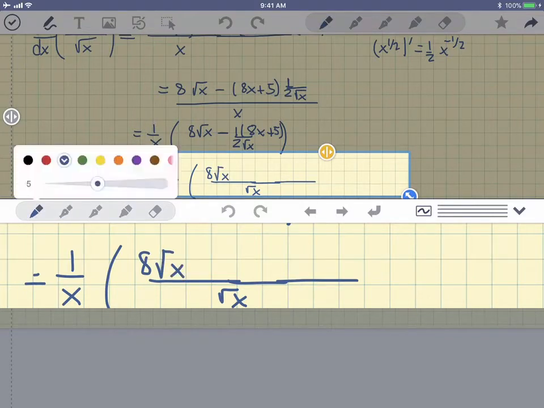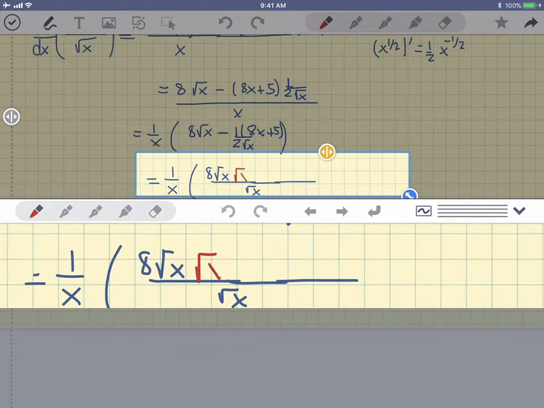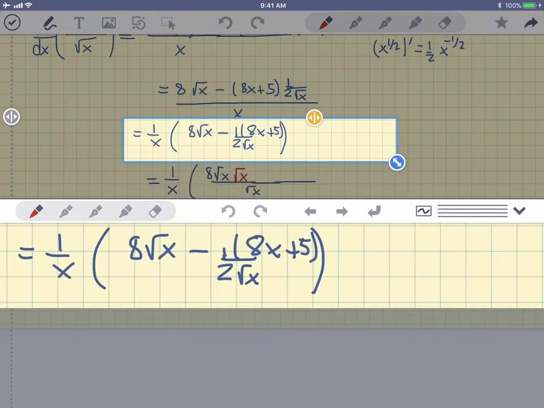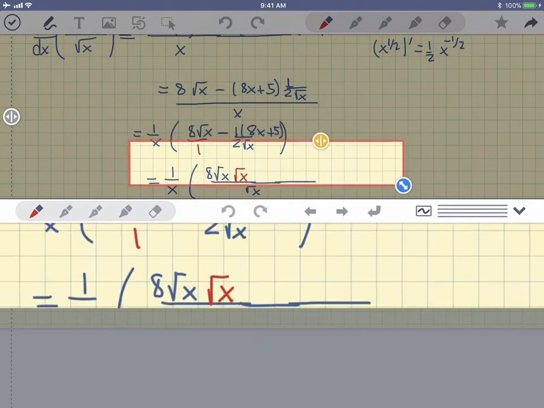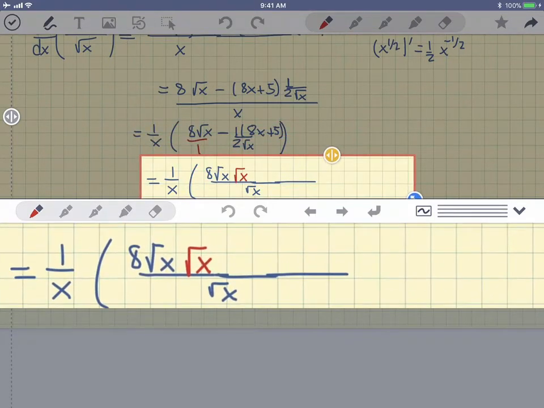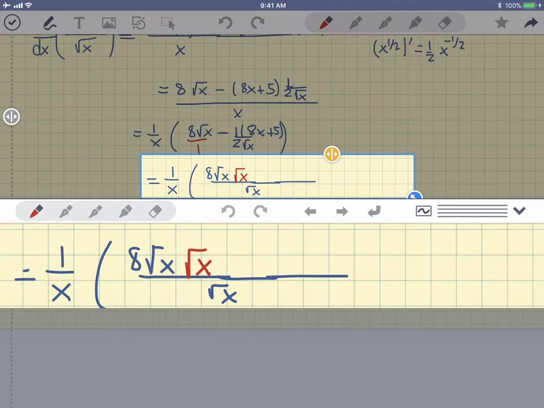So I need to multiply top and bottom by this root of x again, right? Because that way it's the same denominator. This one had a 1 before. Oh, sorry. In fact, I need to have a 2 root of x, right? So if I want the denominator to be 2 root of x, I need to multiply this by 2.